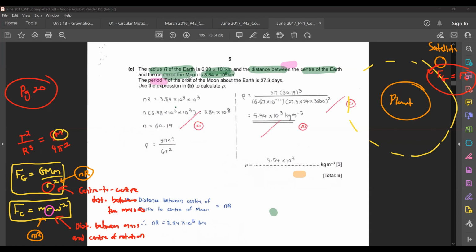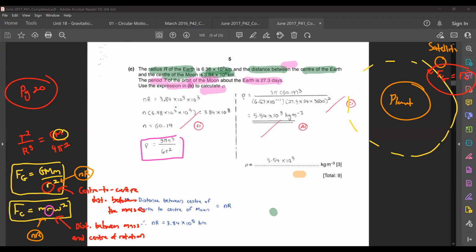The period T of the orbit of the Moon about the Earth is 27.3 days. Use the expression in B to calculate rho. So the expression in B just now was rho equals 3 pi n cubed over G T squared.